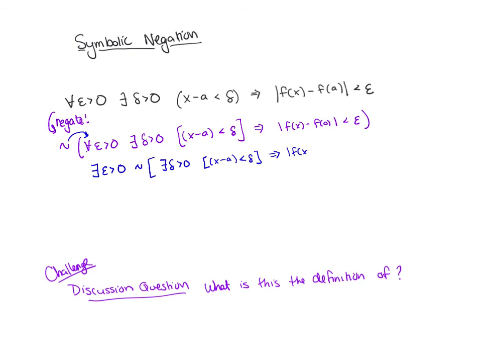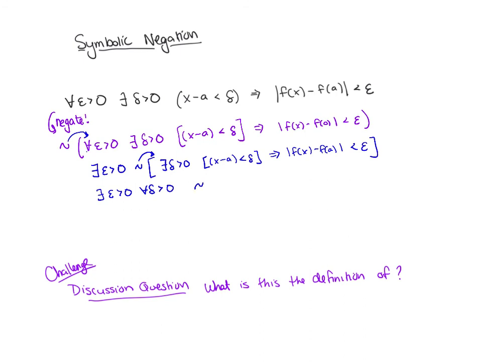Let me write the same thing as I had before. So put it in that bracket. Okay, now we'll bring that next negation into the there exists. So I get there exists an epsilon greater than 0, such that the negation of that becomes a for all delta, still greater than 0.